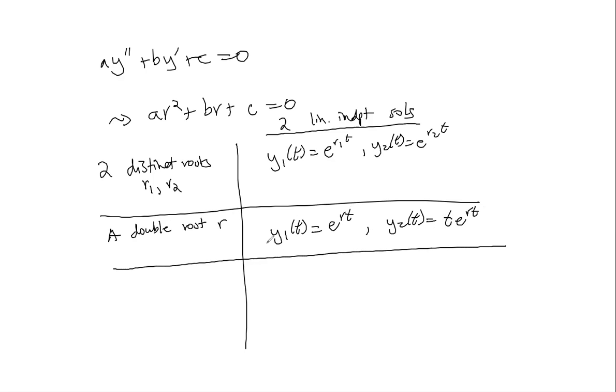We'll maybe generalize this to nth order differential equations, and maybe we'll see a little about why you get this t. But for now, we kind of just do this. Then let's say we have two complex roots, R1 and R2.